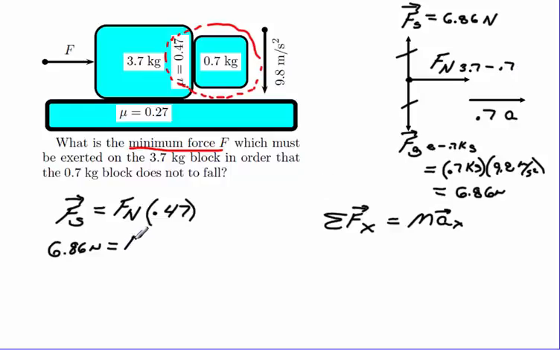So can I not say that's going to be my normal force times 0.47? I will take 6.86 newtons, divide it by 0.47, and I will get my normal force immediately. Let me grab the calculator real quick. 6.86 divided by 0.47 gives me a value of 14.60 approximately.